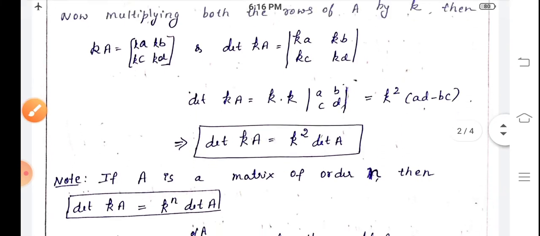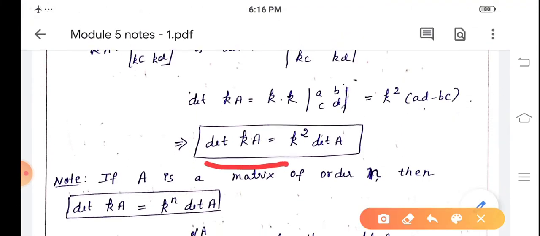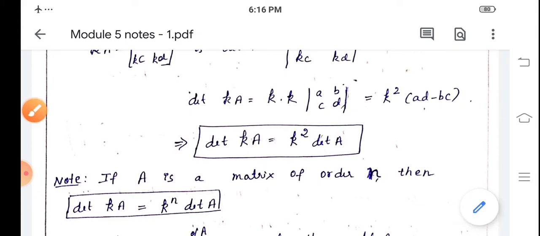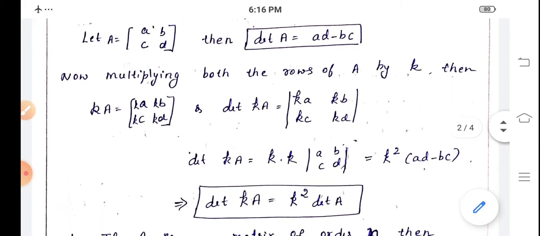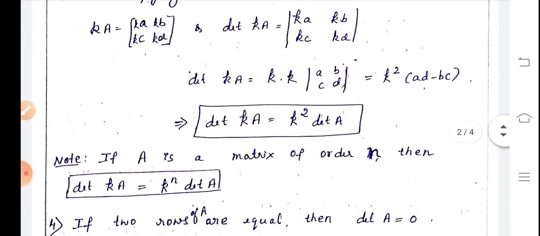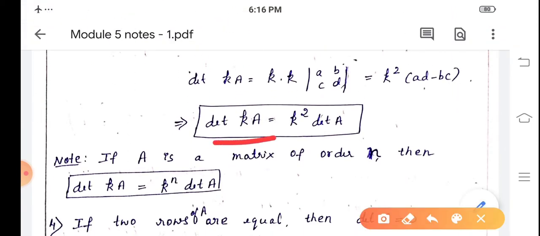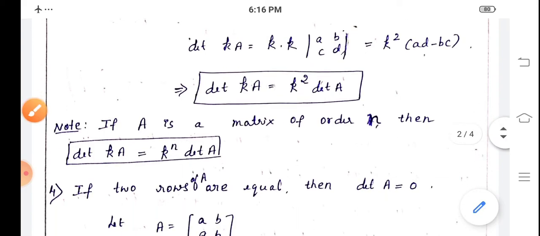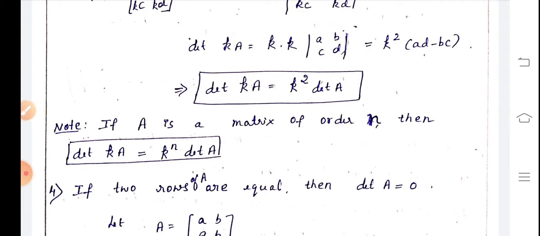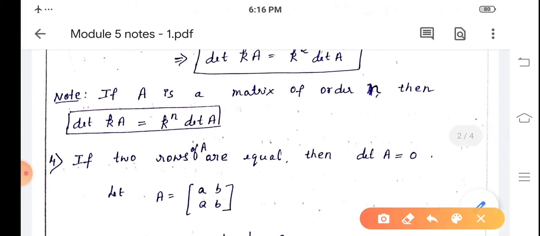Since we are taking a matrix of order 2, we get determinant of kA equal to k to the power 2 into determinant A. Or in general, if A is a square matrix of order n, then determinant of kA equals k power n into determinant A.